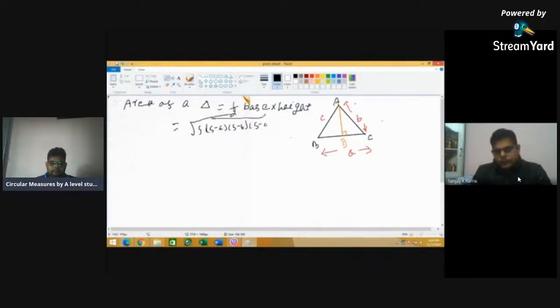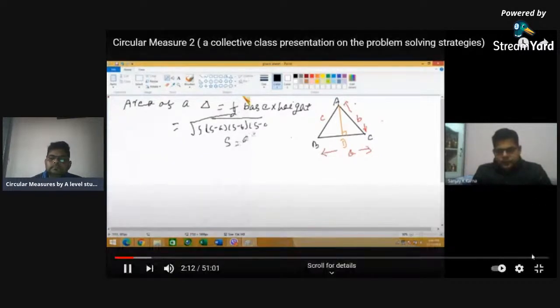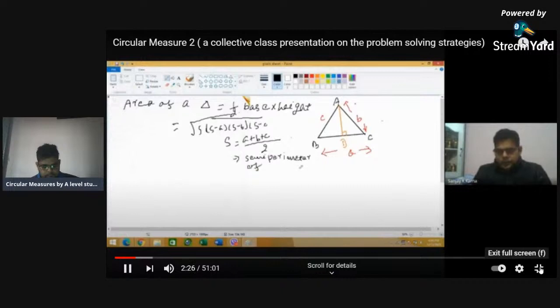And you know that s in this case is (a plus b plus c) divided by 2. This is also called the semi-perimeter of this triangle ABC. Okay, so these are the methods that we use to calculate the area of a triangle in general.